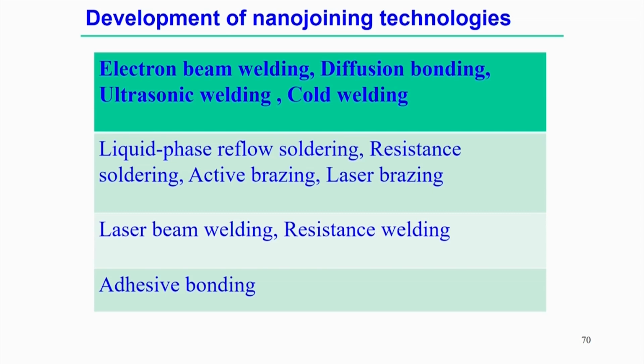Liquid phase reflow soldering, resistance soldering, active brazing, and laser brazing are the typical processes in the category of brazing and soldering for nano joining. Laser beam welding and resistance welding are the two fusion welding technologies observed in nano joining, and finally adhesive bonding is also used for nano joining technologies.